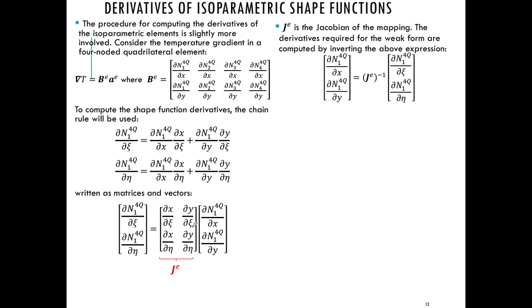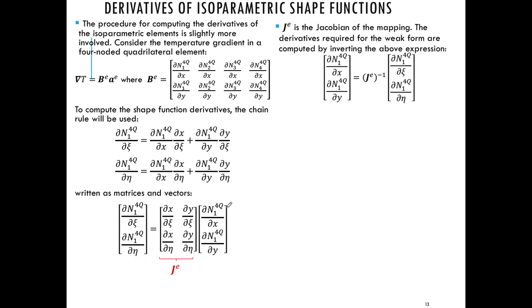Representing this matrix by J, I can represent the inverted expression much more easily, so that I find my derivatives with respect to x and y are equal to the inverse of the Jacobian multiplied by the derivatives with respect to psi and eta.